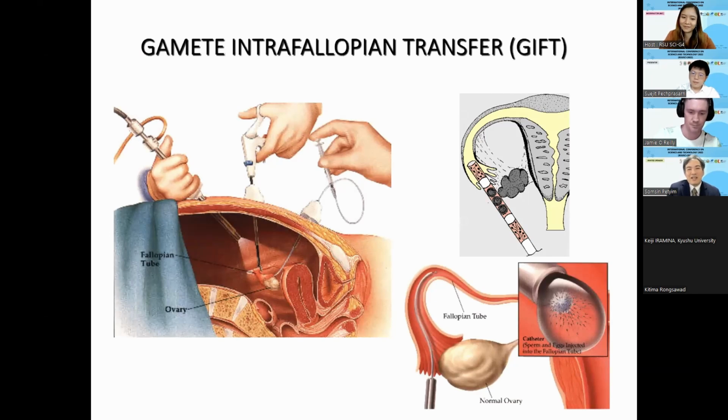They tried to collect the egg and the sperm and put them together into the tube during laparoscopic surgery. It's called GIFT, where we put the gametes inside the fallopian tubes. This is still natural selection because we still need a normal female anatomy. In the past we could not culture in a system like the tube, so we could not do a lot of treatment.